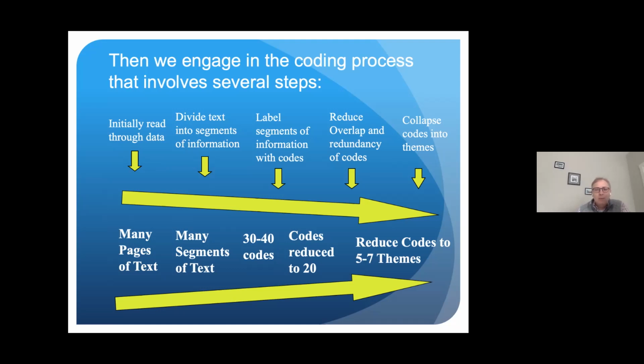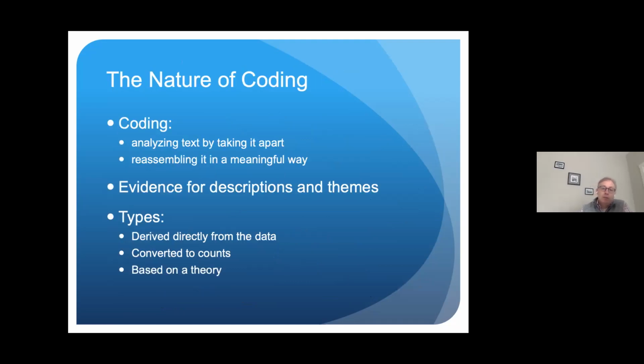And again, you might just have 3 or 4 themes, or you might have 8 themes, and that's okay too. But it's just a target to give you something to shoot for. So coding is this process by which we're analyzing text by taking it apart and then trying to make meaning of it and reassemble it in a meaningful way.